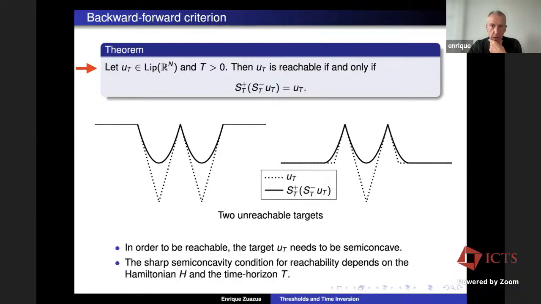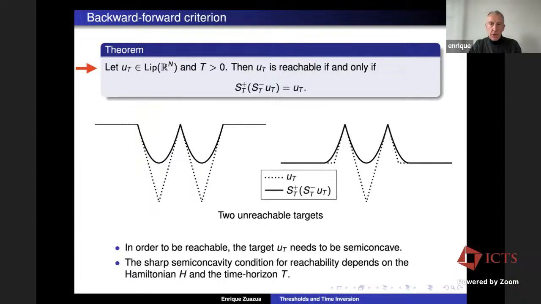For instance, if you tell me that you go to the lake, you measure the solution of Hamilton-Jacobi today, and you got this W on the left, the dotted W, I will do this test, and I will tell you, no, sorry, you are wrong. Your measurement is not sharp.